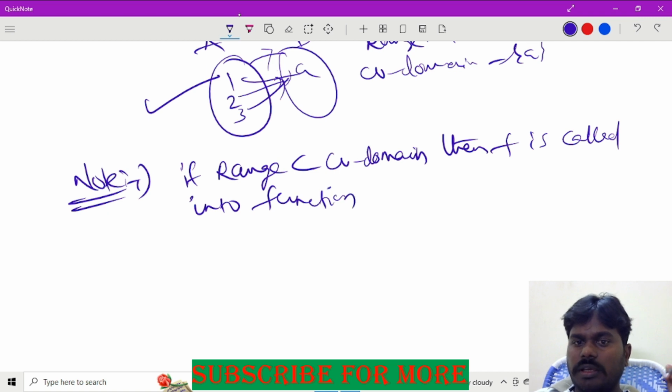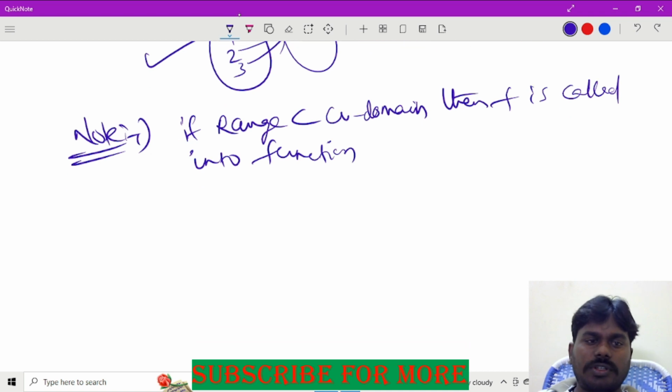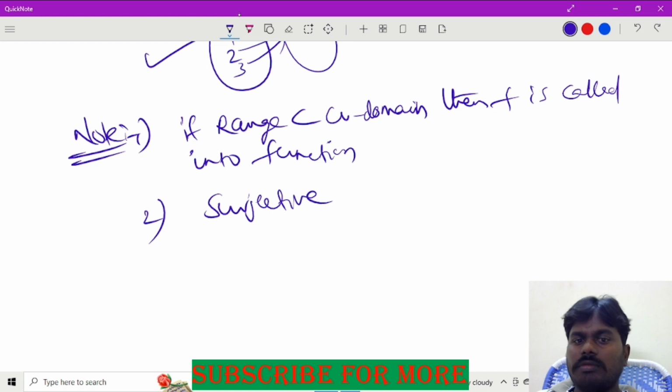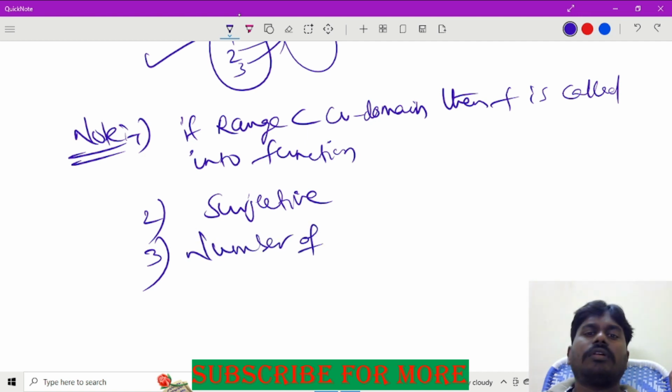A function is called an onto function only if the range is equal to the codomain. This onto function is also called a surjective function. Next, the number of surjective functions.